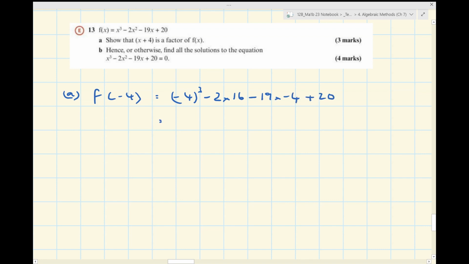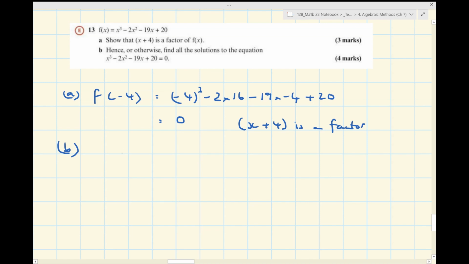And a bit of calculator action finds that that does indeed equal 0. So that would imply that x plus 4 is a factor.